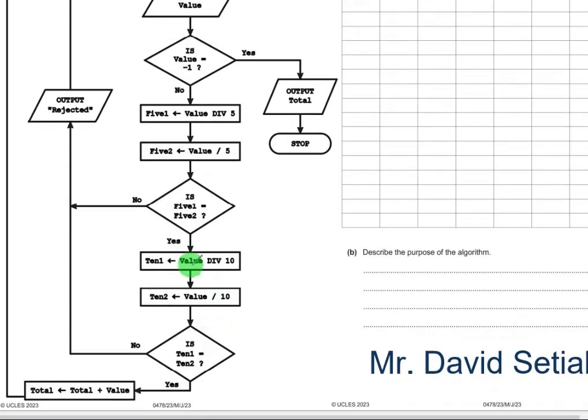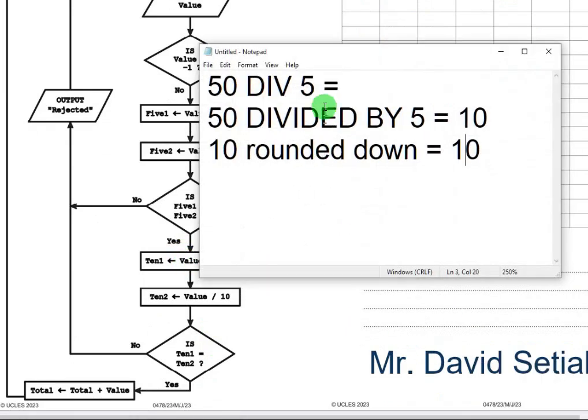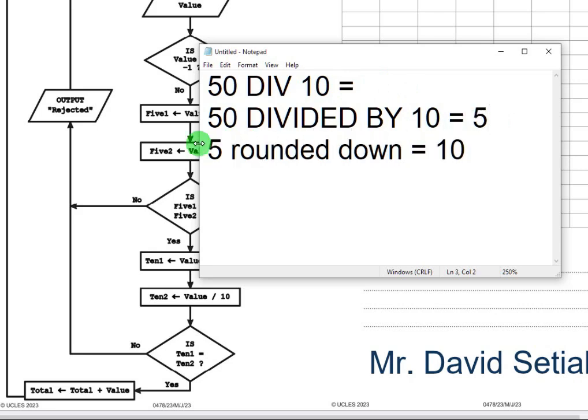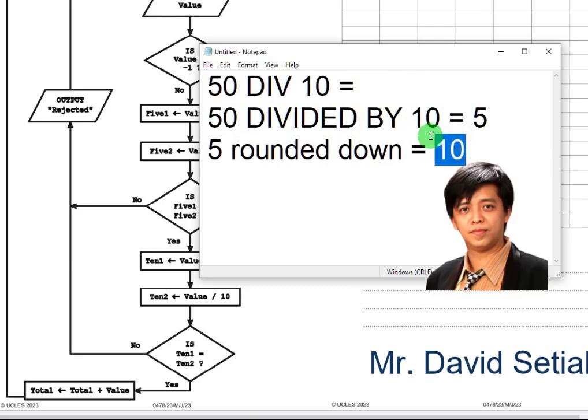So when it's yes, this one is 50 div 10. 50 divided by 10. First one, the result will be 5. And 5 rounded down will still be 5 because there's no decimal there. The decimal is removed by the div.